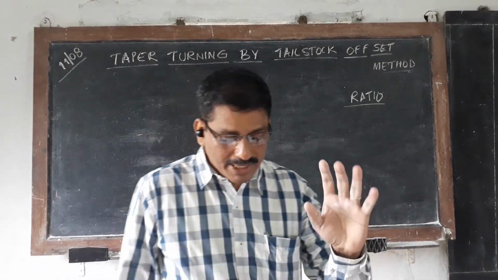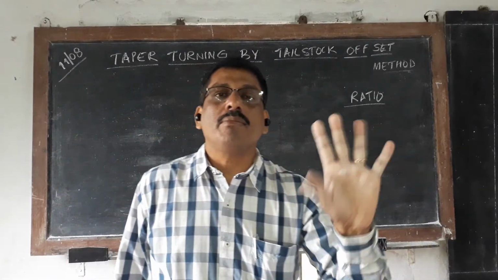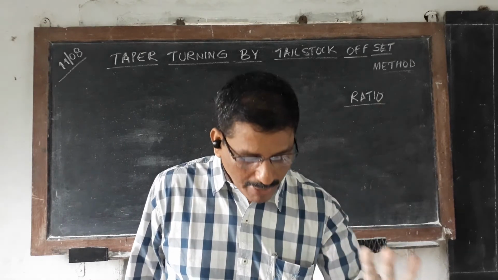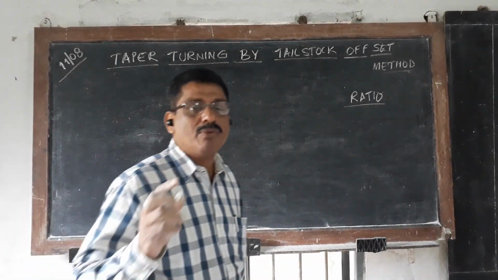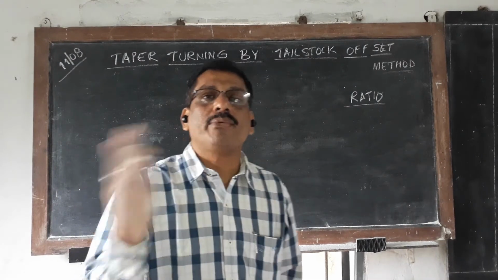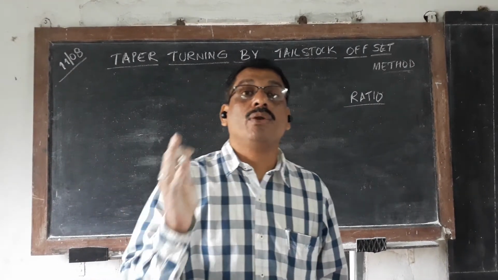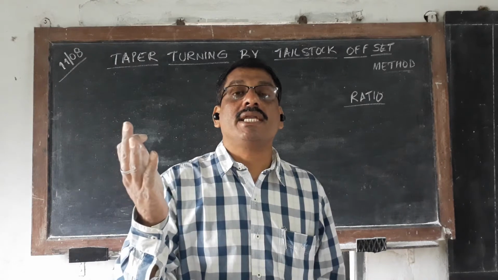For ratio, the offset is ratio into length divided by 2. Usually the ratio is given like 1 in 20, 1 in 40, 1 in 60, like that.